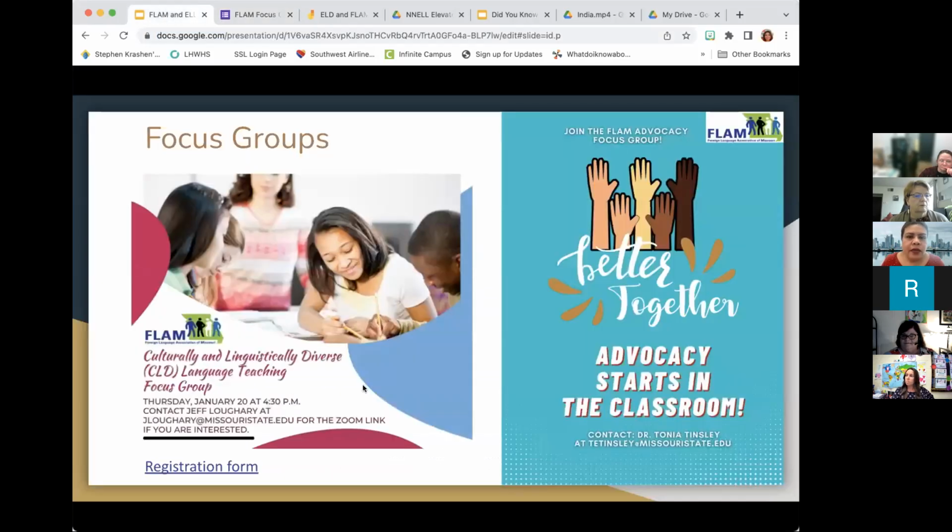The idea is to start creating that connection and collaboration, and see how we can work together with different ideas. We are brainstorming great ideas from the group. One of the things is to create a hub, and that happened in the advocacy focus group this last Saturday, to start creating that hub for events, having templates so that if a teacher needs a passport, the template is there. They don't have to go anywhere or create anything, it saves a lot of time.